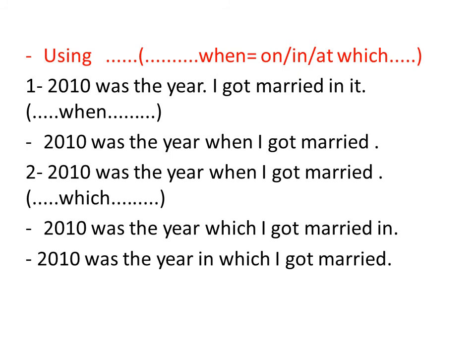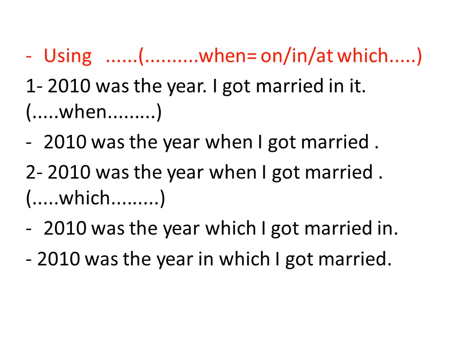Don't forget here to restore the preposition in its place as it is written in the main sentence. Or we can also put it in front of the relative pronoun as it is written in the last answer. Let's read it together. 2010 was the year in which I got married. The two ways are correct.